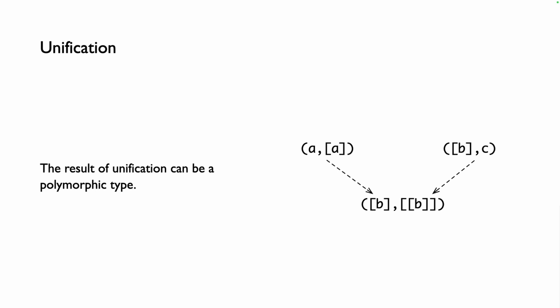Answer yes, because there we have a C. So the most general common instance of the two is the type list of B, list of B. And as you can see, this is a polymorphic type. It still stands for all sorts of other more concrete types.